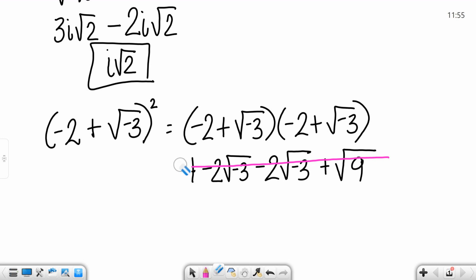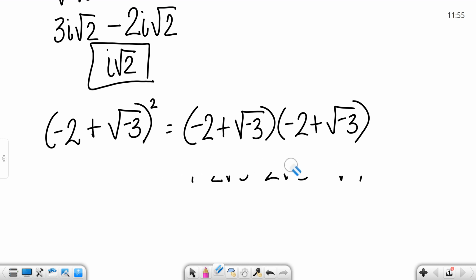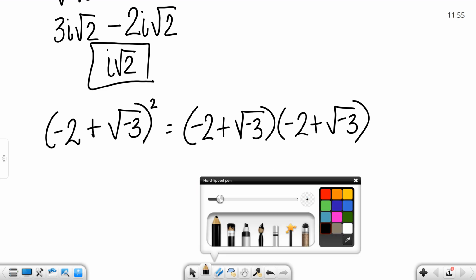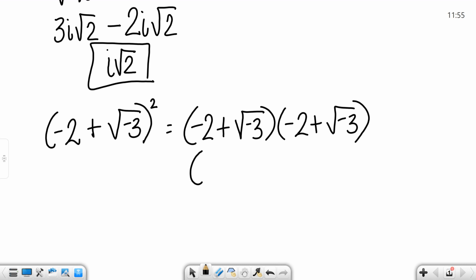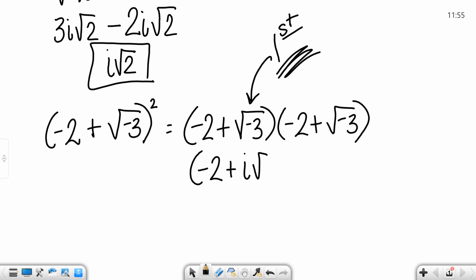That's a mistake that I expect people to make, and I want to make sure we don't do that. So here's what we've got to do first. First, get that i out of there. So that would be i on the square root of 3, i on the square root of 3.